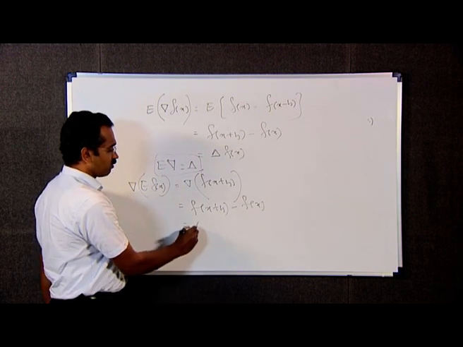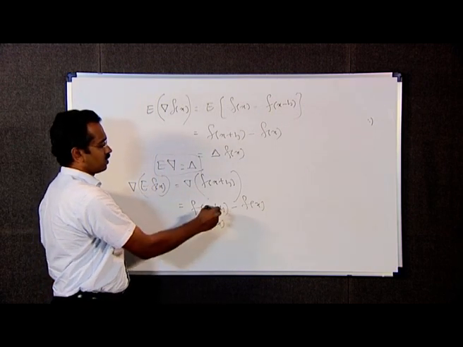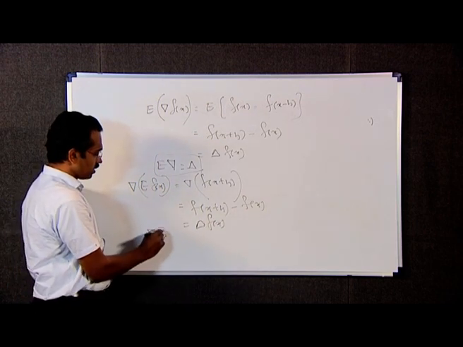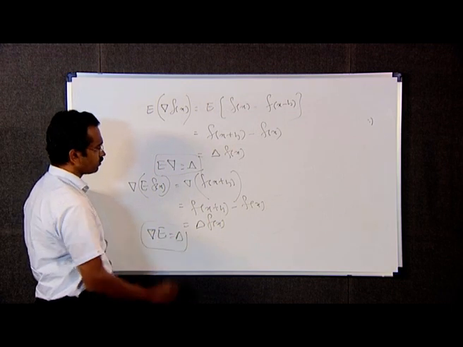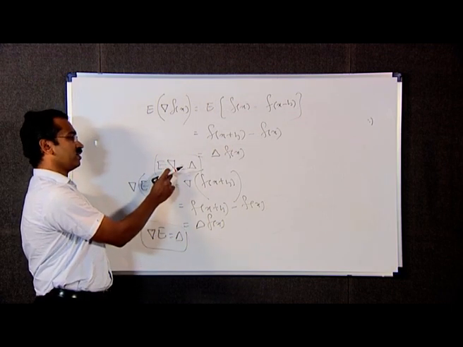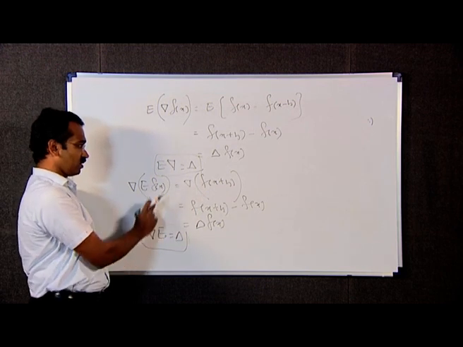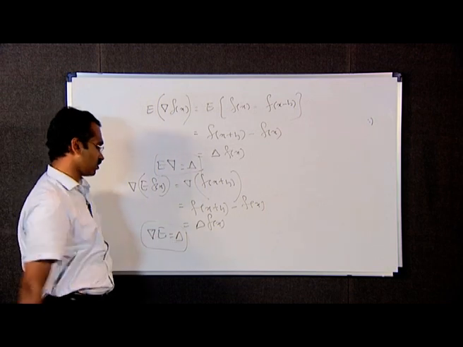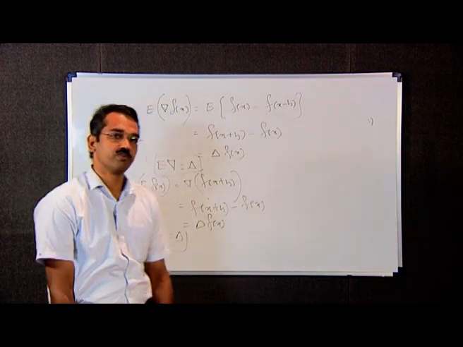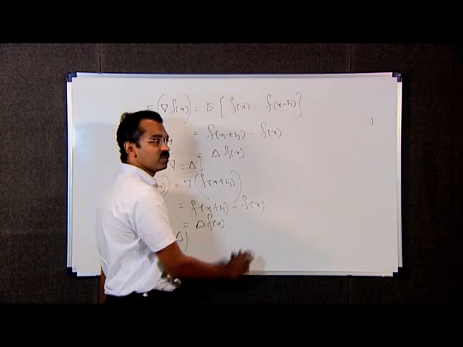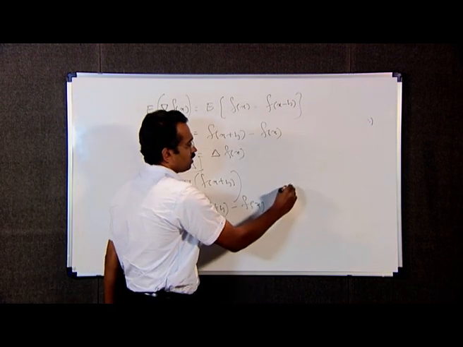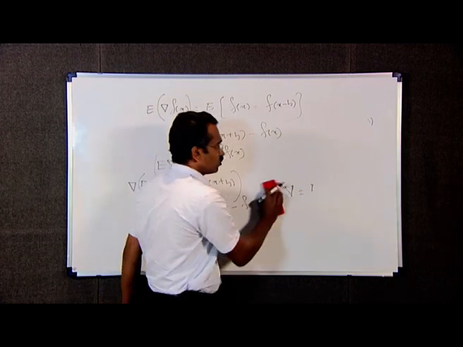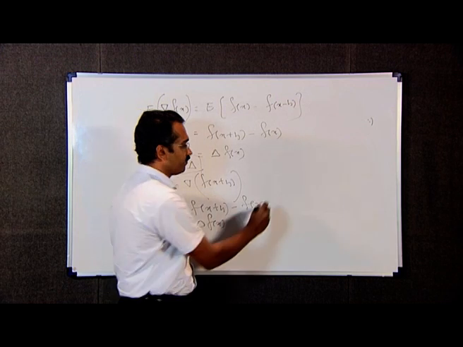By definition of the forward difference operator delta, this is delta. That is, we have the identity del E is equal to delta. Here, E del is equal to delta, and del E is also equal to delta. Therefore, we can conclude that E delta is equal to E del is equal to del E.